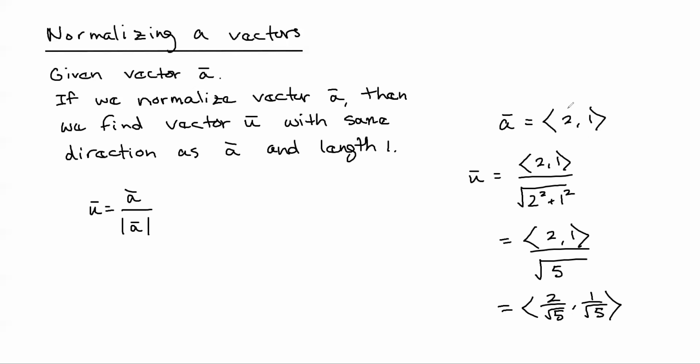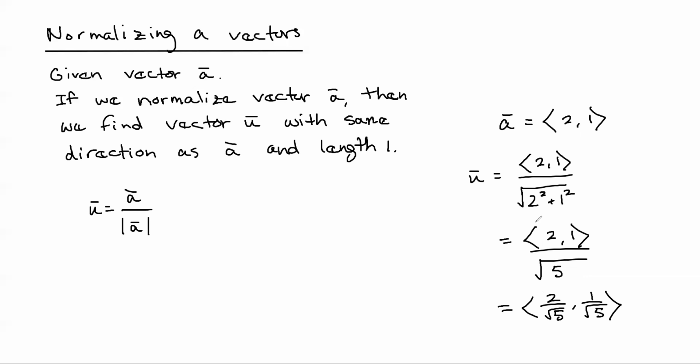So we have a 2-to-1 ratio between the x component and the y component. So (4, 2) would point in the same direction as a, (6, 3), (20, 10), and in this case, (2 over root 5, 1 over root 5). This is a 2-to-1 ratio between these two values. So this does point in the same direction as a.